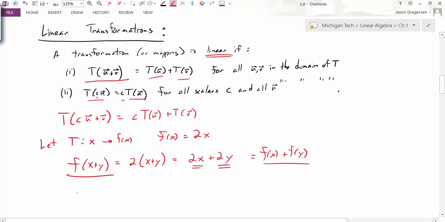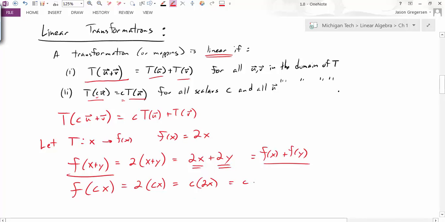Now I need the second property. I'm going to start with f of c times x, where c is some constant. By definition, this is 2 times the quantity c times x, so I've plugged in cx where the x was. Now once again, just using my properties of real numbers in multiplication, I can rewrite this as c times 2x, because I know that multiplication is associative and commutative in the real numbers.